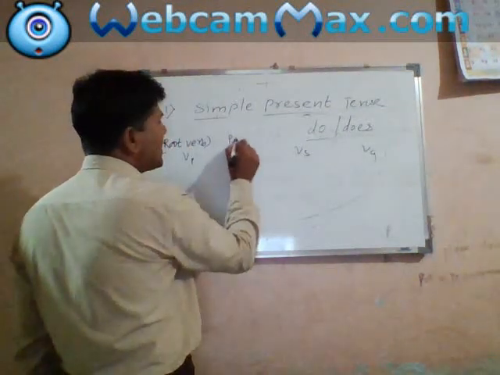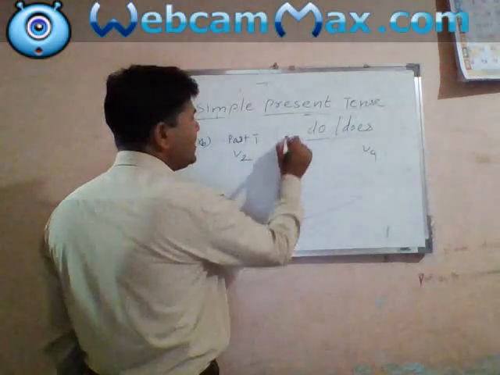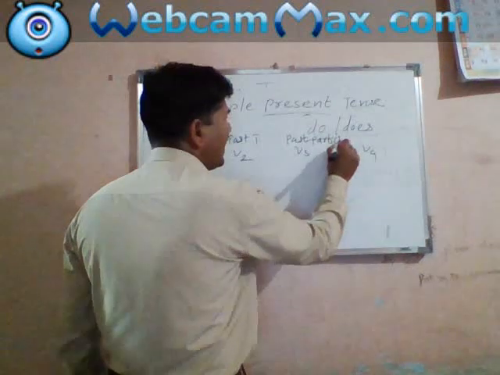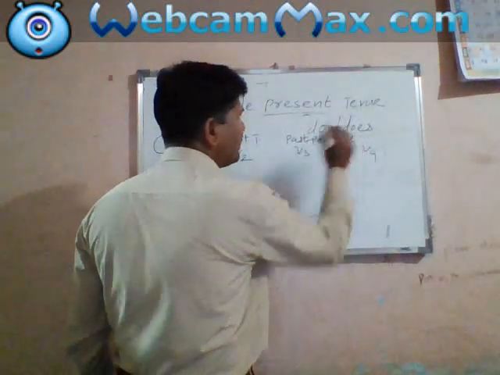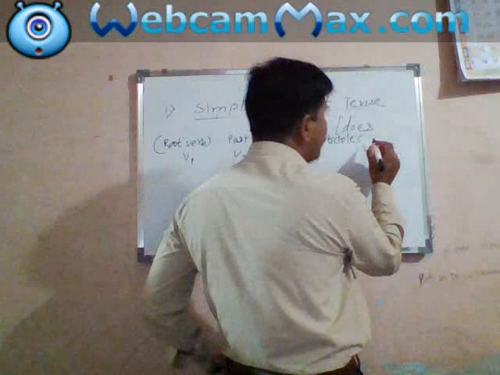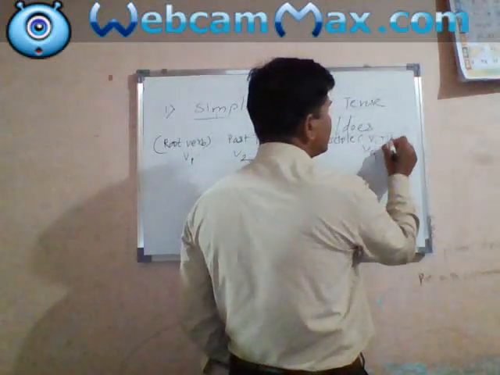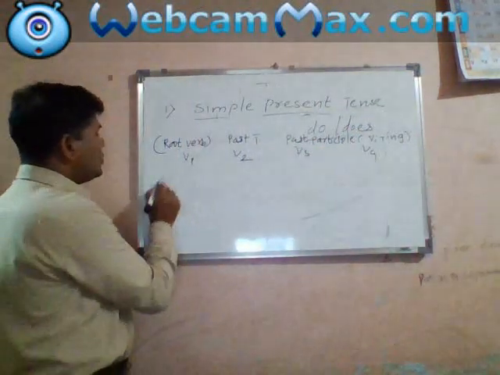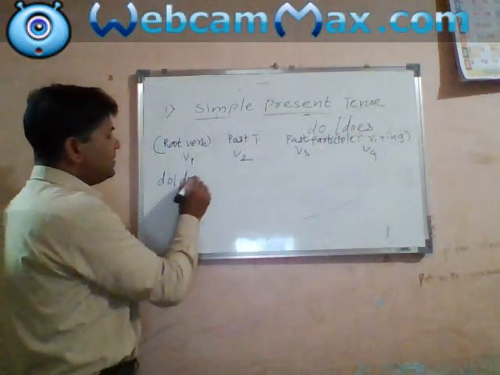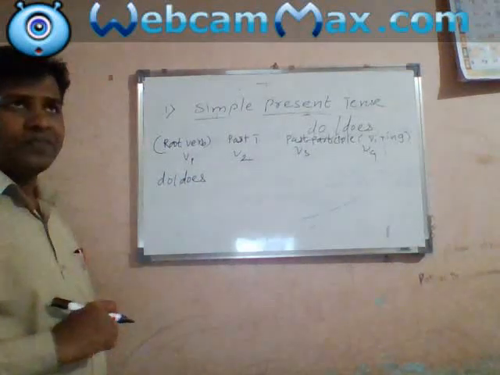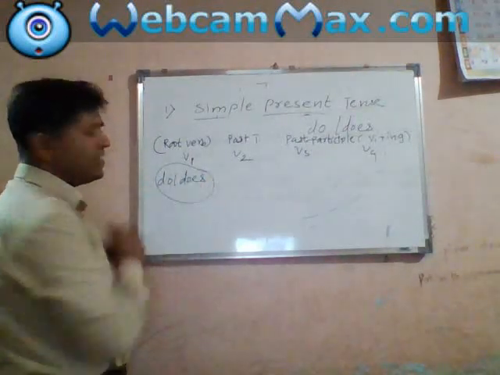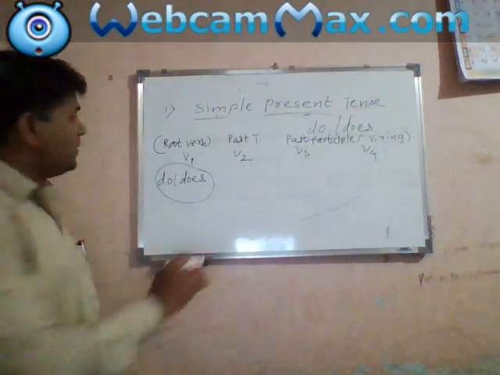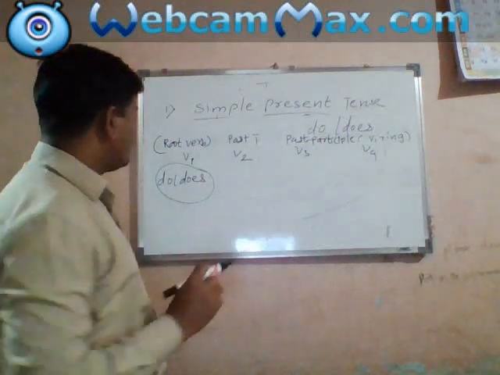V2 means past tense. V3 means past participle. And V4 means V1 plus ing form. Now you see here, do and does are root verbs. These root verbs are used in simple present.